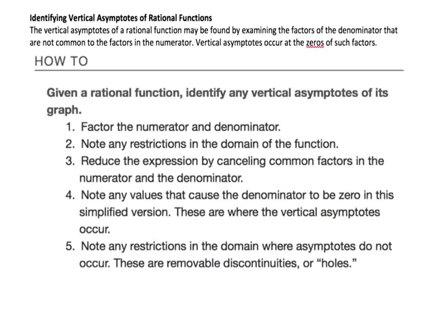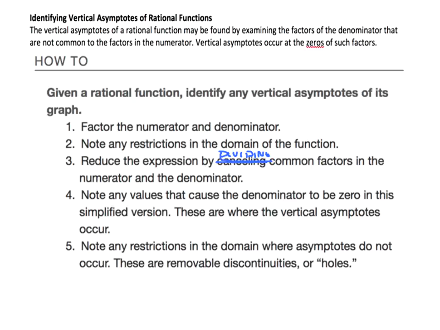Okay, so this is just a note on identifying vertical asymptotes. You want to factor the numerator and the denominator. Note any restrictions in the domain by setting that denominator equal to 0. Then you need to decide, okay, is this an asymptote or is it a hole? So you reduce the expression. I don't like the word canceling, especially when they spell it wrong.